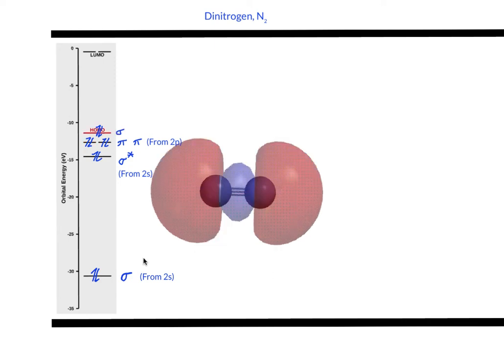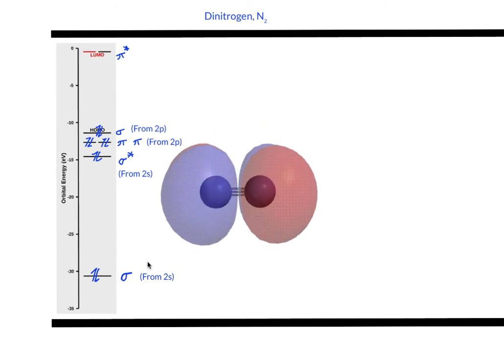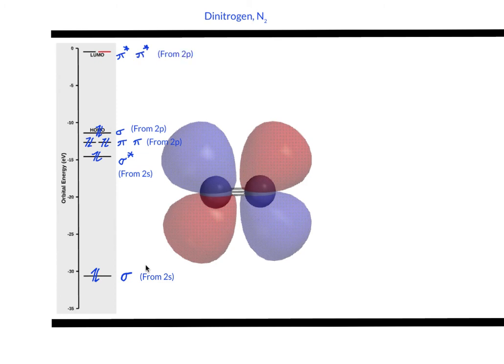And the highest occupied molecular orbital is a sigma orbital. The LUMOs, as described in the book, are pi star, or pi anti-bonding.